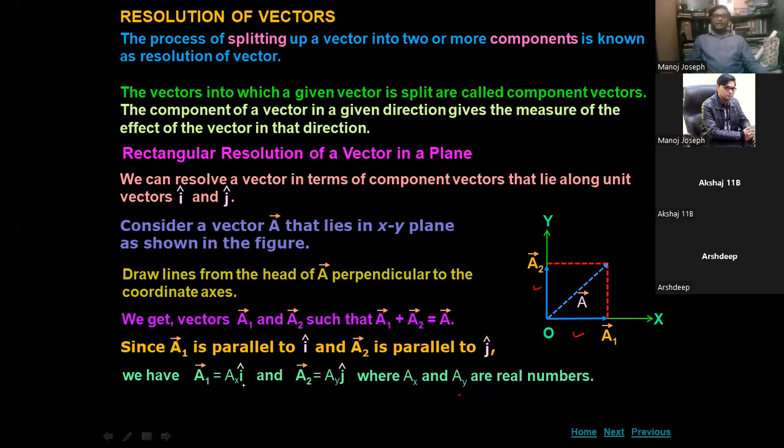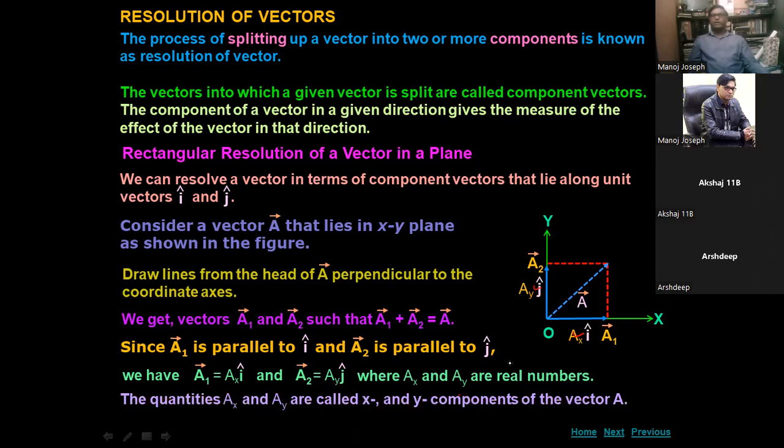The product of a scalar physical quantity and a vector physical quantity is a vector physical quantity. Again, A2 is represented in terms of A suffix y, taken along the y-axis, and J cap. J cap is the unit vector along the y-axis, and these Ax and Ay are real numbers, scalars. You can take the screenshot now. The quantities Ax and Ay are called the x and y components of the vector A.